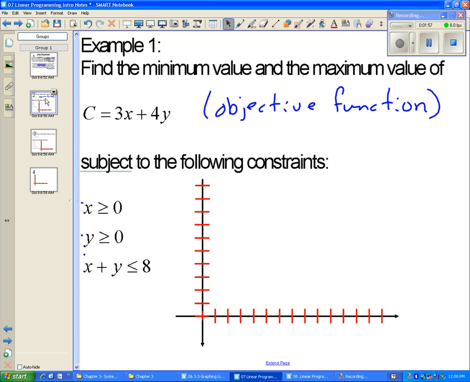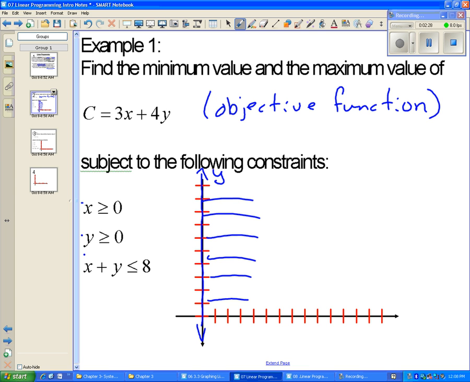So what I first want to do is graph my constraints. x is greater than or equal to 0. So x is 0, and y can be any number I want it to be. So my first constraint, x is greater than or equal to 0. So I'm going to want the numbers that are to the right of the y-axis.